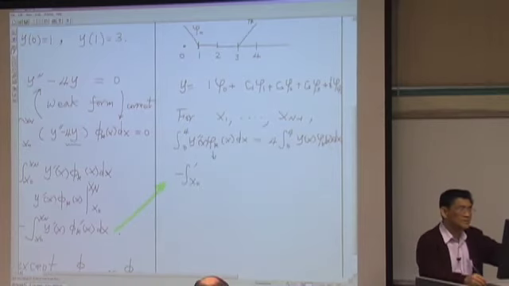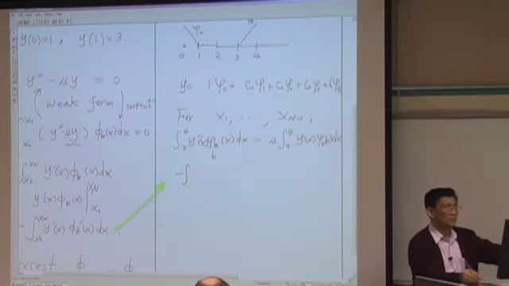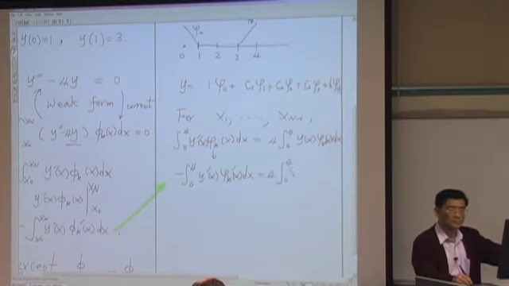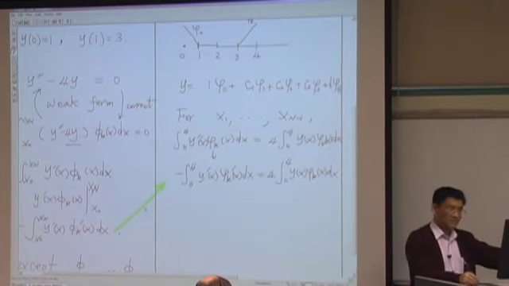Now x0 is 0, and xn is 4. Or we can write these things in one integral from 0 to 4.